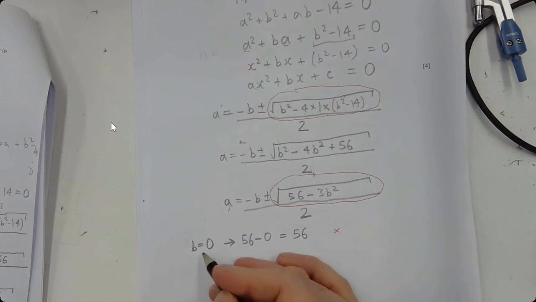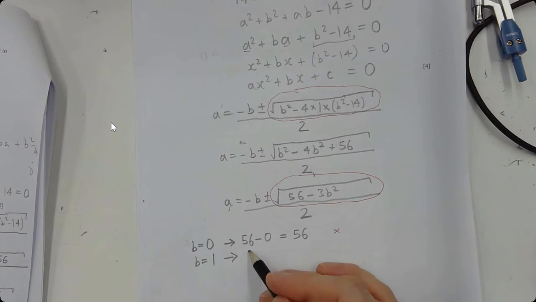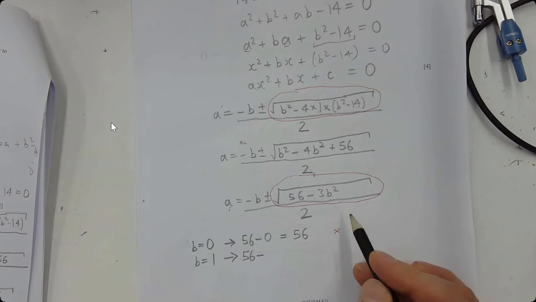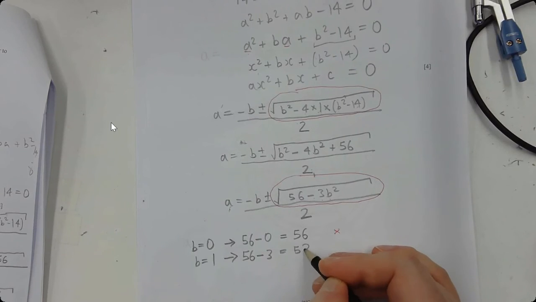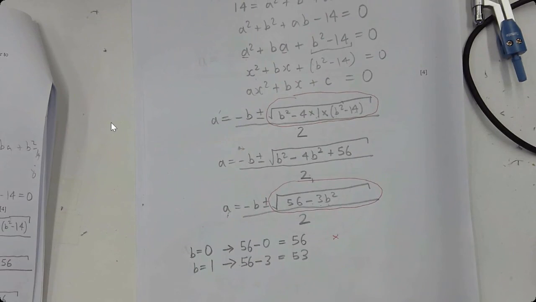So let's try b equals 1 then. Is that going to give us a whole number, which is what we want? So b equals 1, I substitute in, so it'd be 56 minus 3 times 1 squared. 3 times 1 squared is 3, so it's 56 minus 3, which is 53. Can you take the square root of 53 and get a whole number answer?